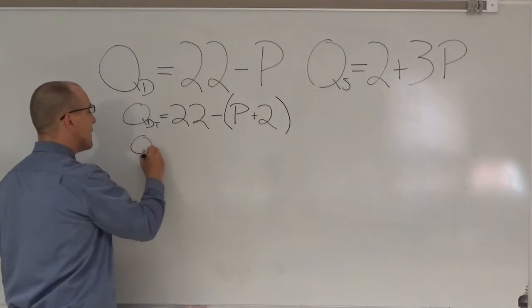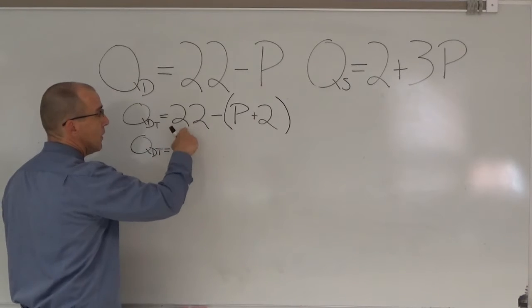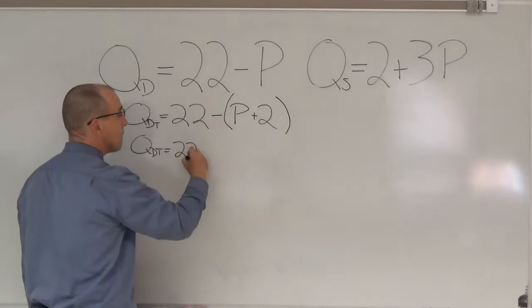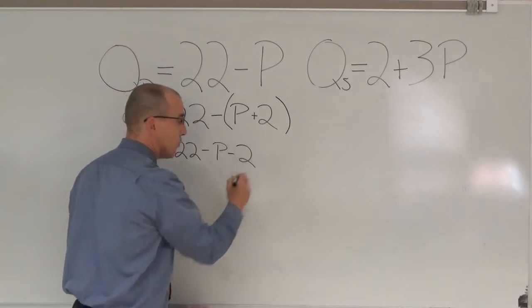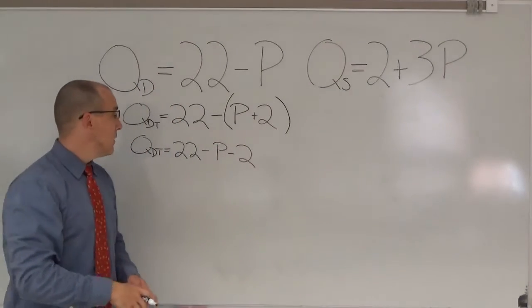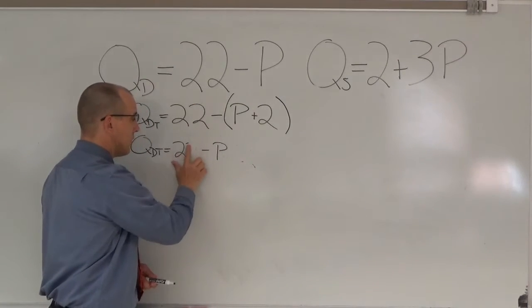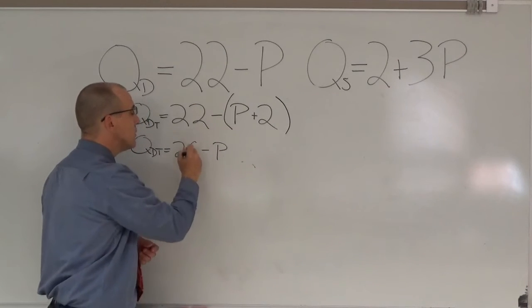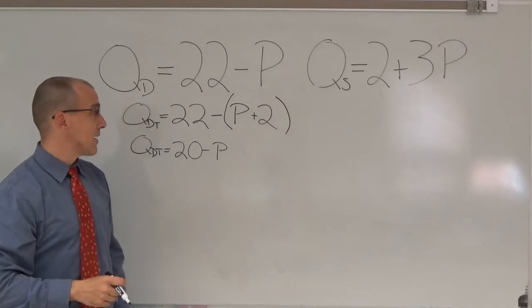So my demand equation with the tax is 22 minus (P plus 2). We can simplify this by subtracting the 2 from the 22, so you get 20. This is my new demand equation, factoring in the tax.